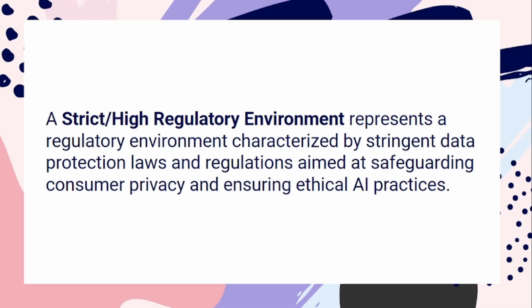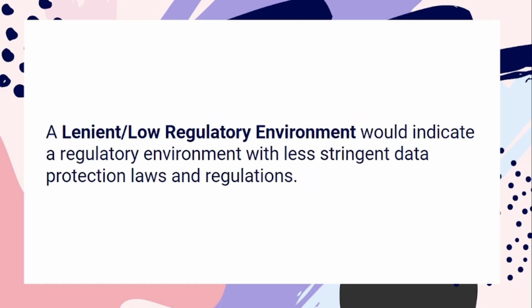In this scenario, this dimension will be strict as regulatory bodies enact stricter data privacy laws in response to concerns about data privacy breaches and ethical AI practices. On the other hand, a lenient or low regulatory environment will indicate a regulatory environment with less stringent data protection laws and regulations. Companies may face fewer regulatory requirements and compliance obligations related to data privacy and ethical AI practices in a lenient regulatory environment.